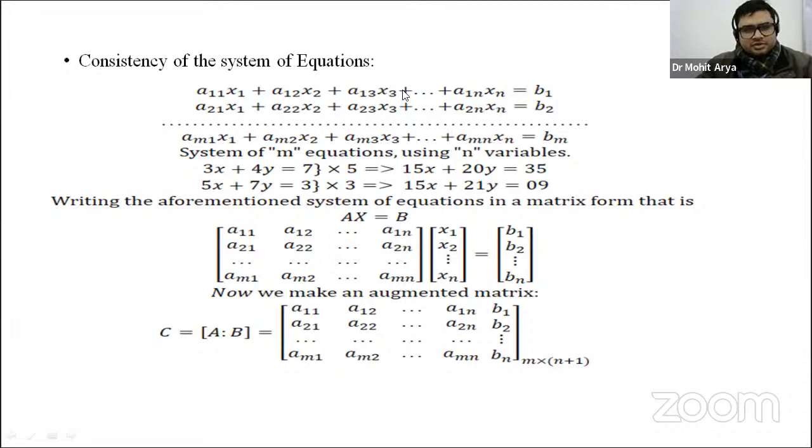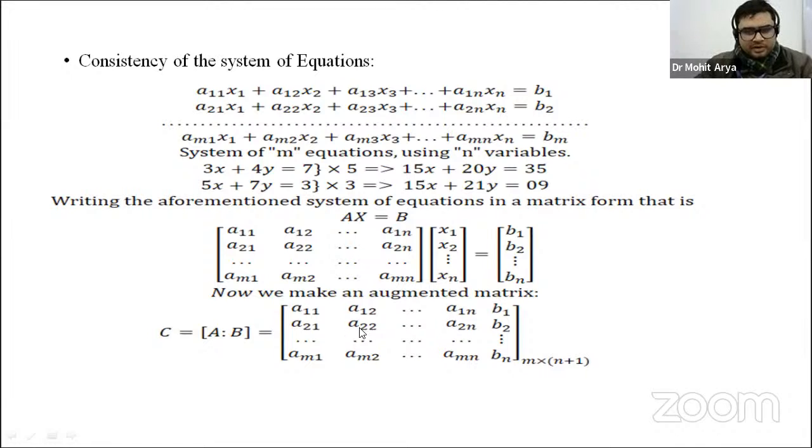The aforementioned system has m equations using n variables. So we write it in the form AX equals B, where A is the coefficient matrix, X is the matrix of variables, and B is the matrix of constants. Now we will make the augmented matrix.